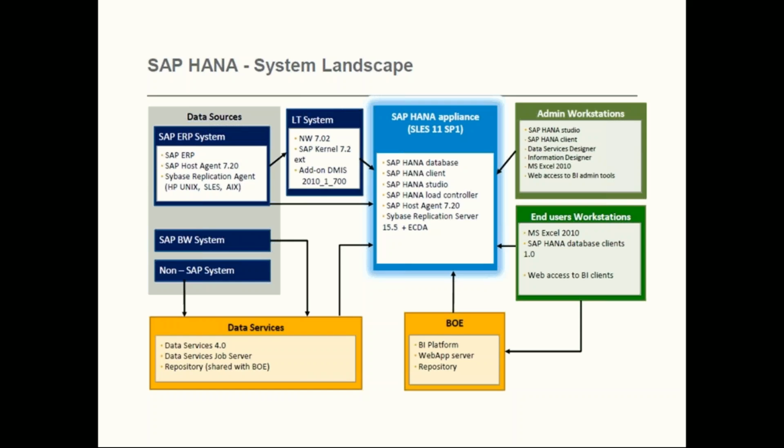These data sources are just some examples they have shown here. Don't assume that you come across the same sources in every company. These data sources will vary from company to company, customer to customer. Only some examples are given, like SAP ERP, BW, any non-SAP. It can be anything.